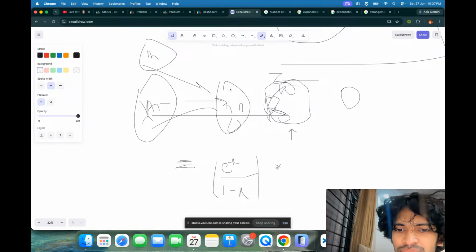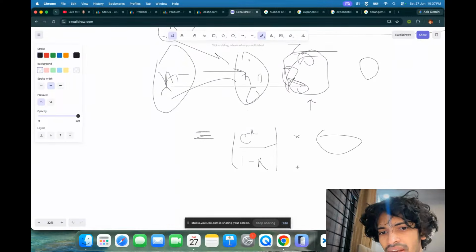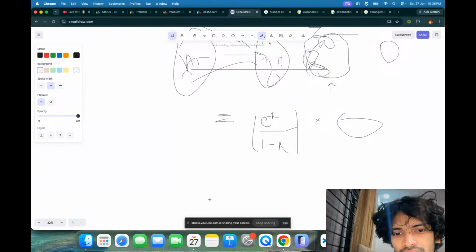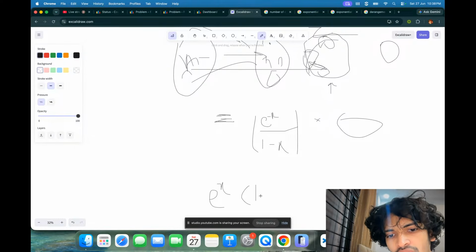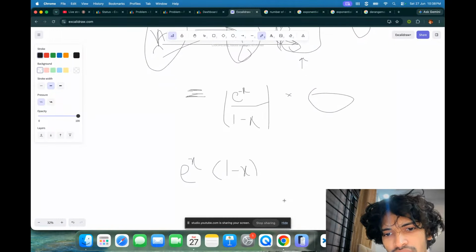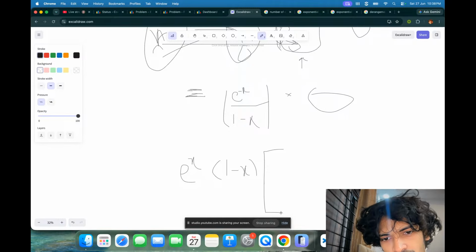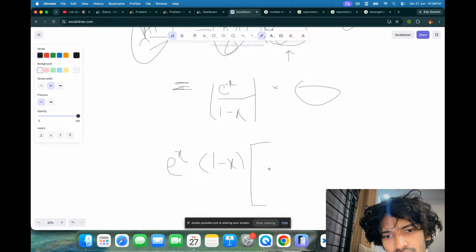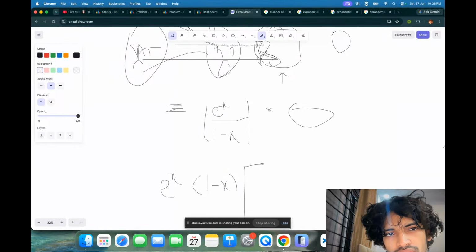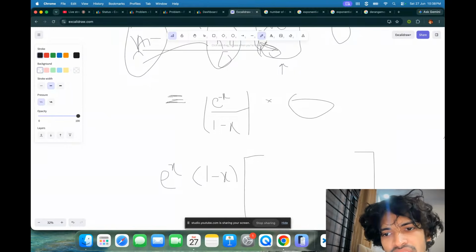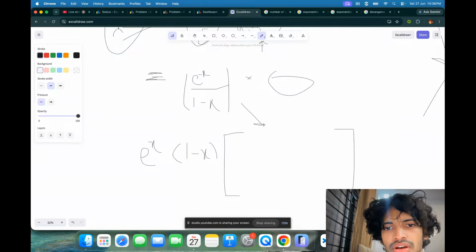So it's like exponential generating functions getting multiplied, and if this thing goes there, it is e power x times 1 minus x times whatever this exponential generating function we have.